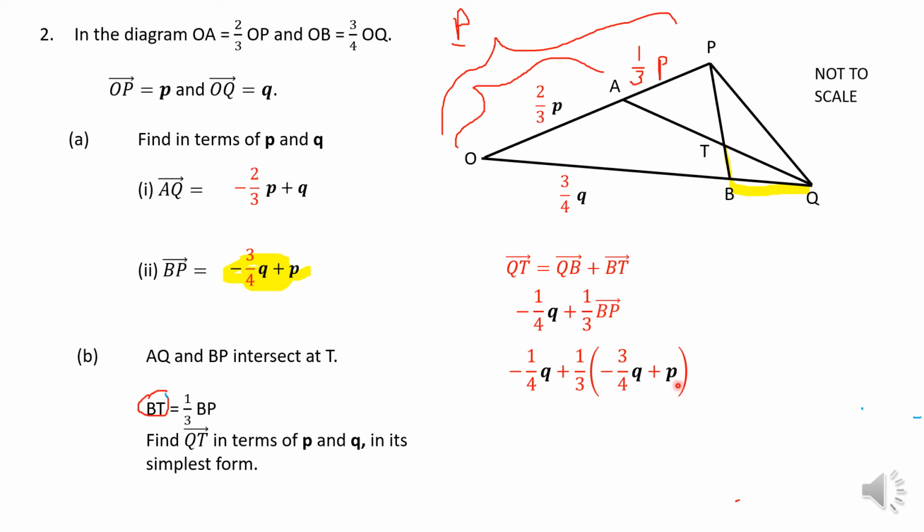If you clean up and multiply out, you're obviously going to end up eventually with negative a half Q plus 1/3 of P. So just make sure again that you get that particular answer correct. But take your time, be very careful. There's a lot of algebra involved so that you do not end up making a mistake.